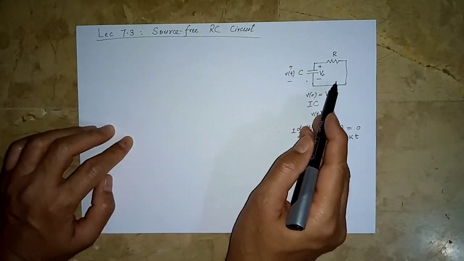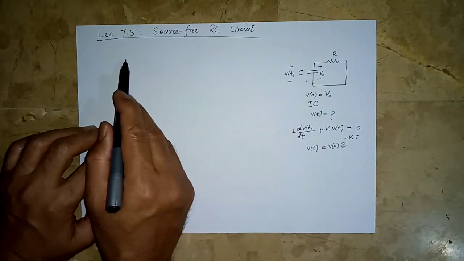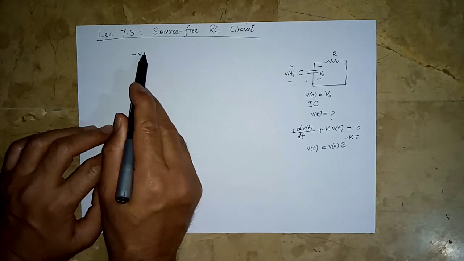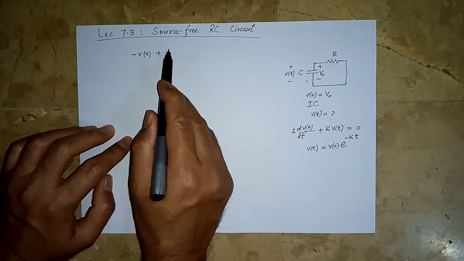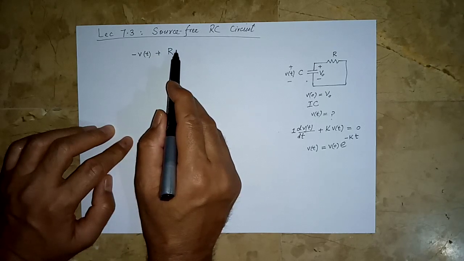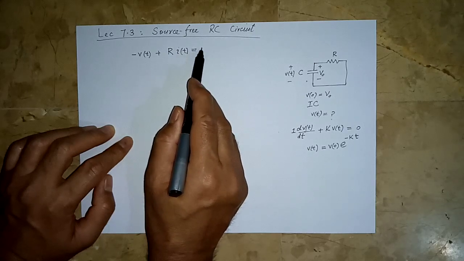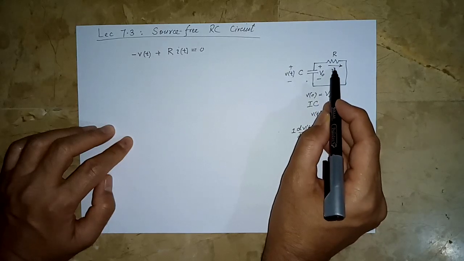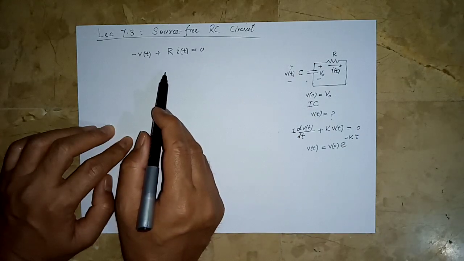So let us try to apply KVL for this RC circuit. So the voltage across the capacitor is minus V, plus the voltage across R requires a current through it which is not marked, and it's not good basically to use something and not mark it on the circuit, so I have marked it.